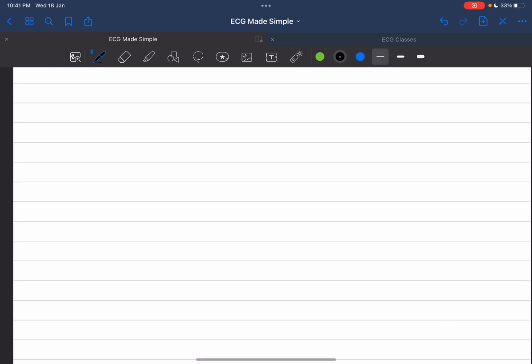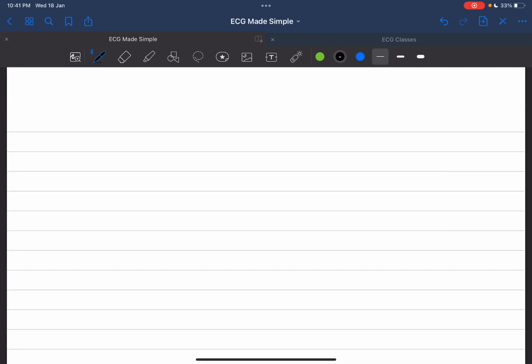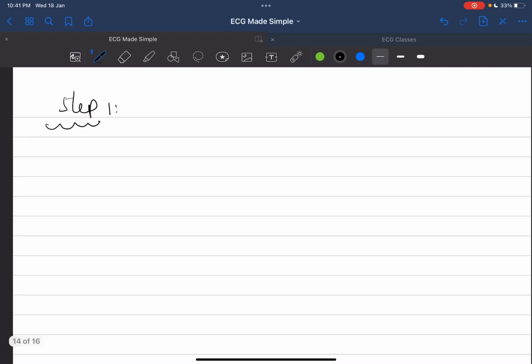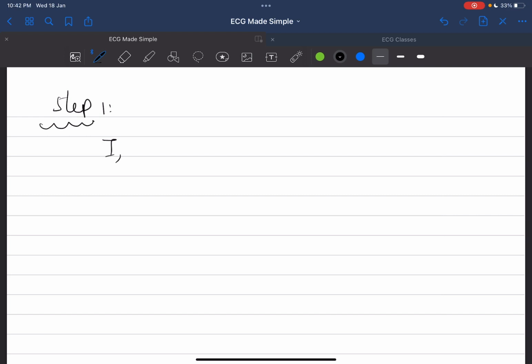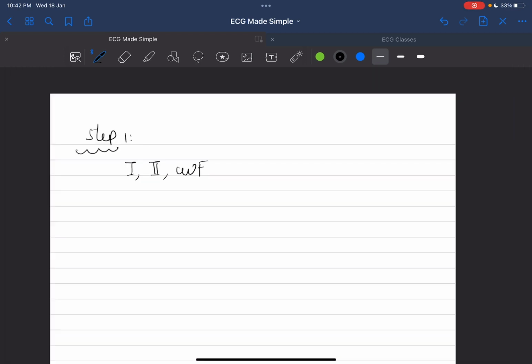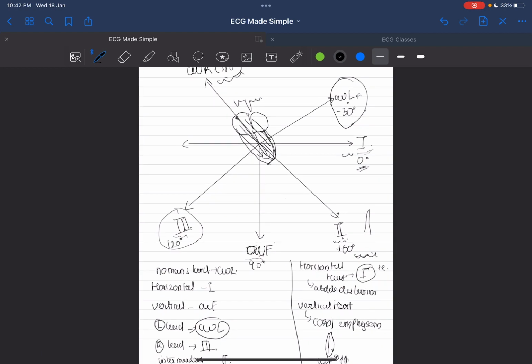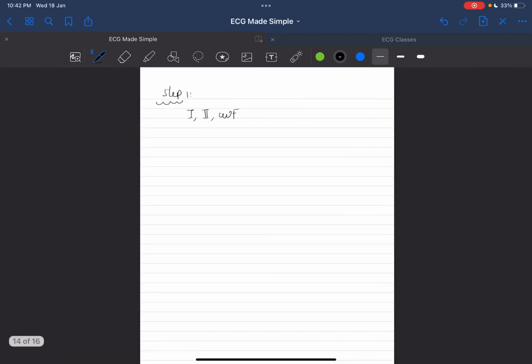Okay, so first, how I read this is this way. Step 1, look at lead 1, lead 2 and AVF. Why I am saying to look at these 3 leads is that normally the electrical impulse of the heart is going to go in this direction. So lead 1, 2 and AVF should have the highest QRS amplitude.